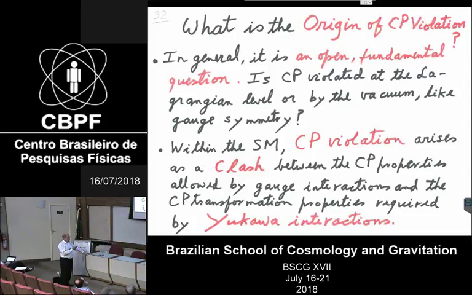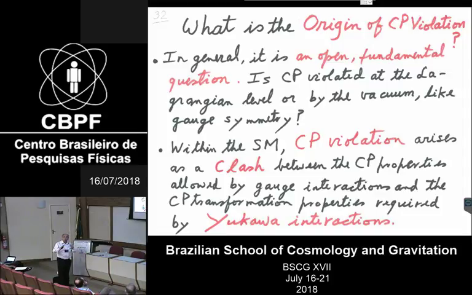I will mention here something that probably you don't hear, but in my opinion is the most rigorous way of saying why CP violation appears in the Standard Model. It is a clash between the CP properties allowed by gauge interactions, you know, gauge interaction necessarily conserves CP, something that was proved by Grimus and Rebelo, and those allowed by Yukawa interactions, which do not.